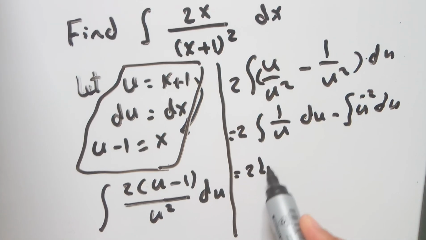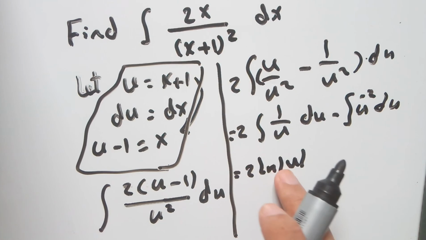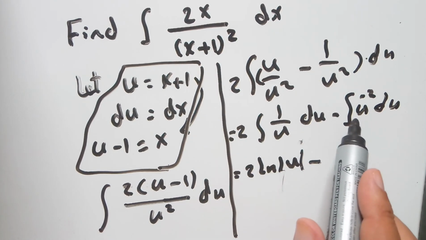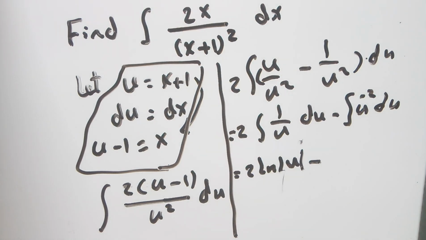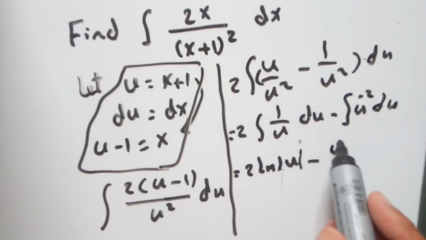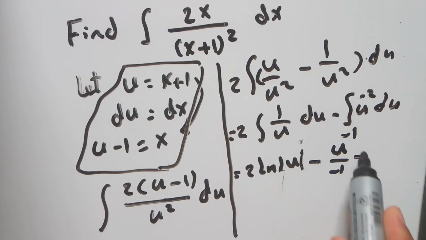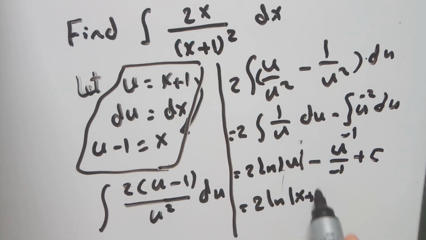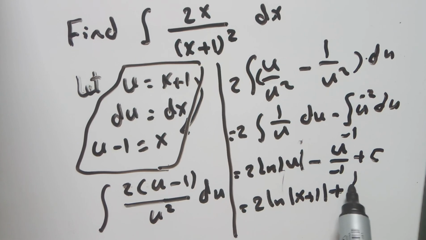It will be 2 ln absolute value of u, minus the integral of u to the power negative 2. Apply the power rule: add 1, then divide by the new power. Negative 2 plus 1 is negative 1, divided by negative 1, plus c. Then simplify: it will be 2 ln absolute value of u, which is x plus 1, minus u to the power negative 1, and negative by negative is positive, so plus 1 over u, which is x plus 1, plus c.